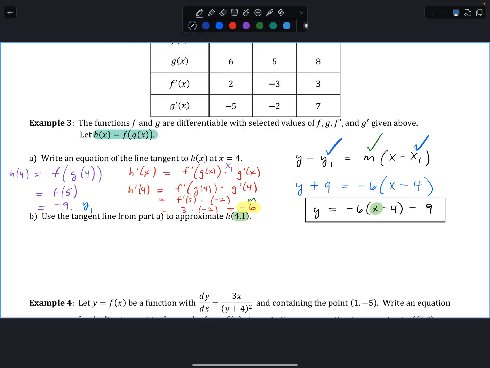So y equals negative 6 times 4.1 minus 4 minus 9. 4.1 minus 4 is 0.1. Negative 6 times 0.1 is negative 0.6. This is negative 9.6.